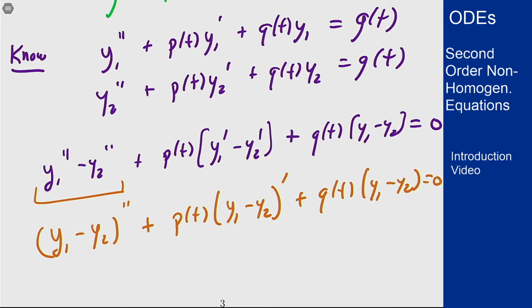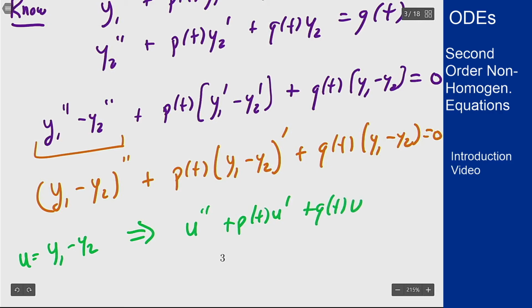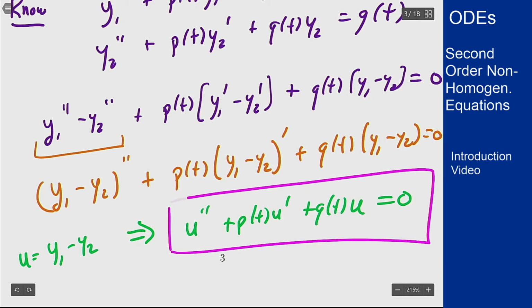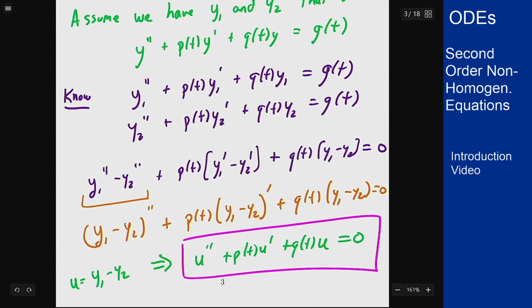What's going to be important looking at this is that if I define a function u to be y1 minus y2, I then have that u'' + p(t) u' + q(t) u = 0. As in, this u will solve the corresponding homogeneous equation, where I have 0 now on the right-hand side.